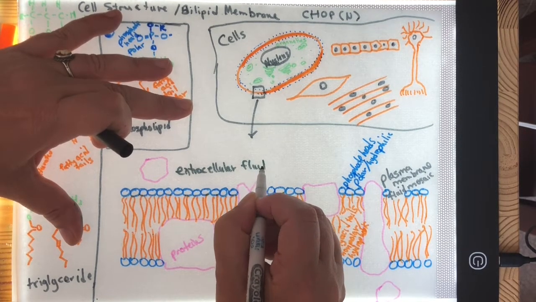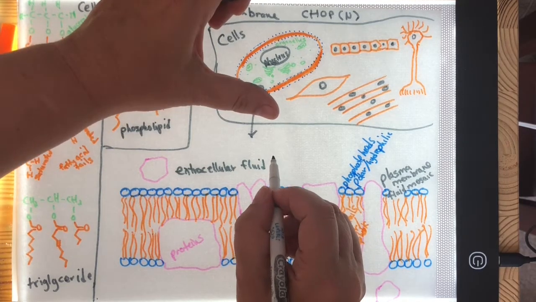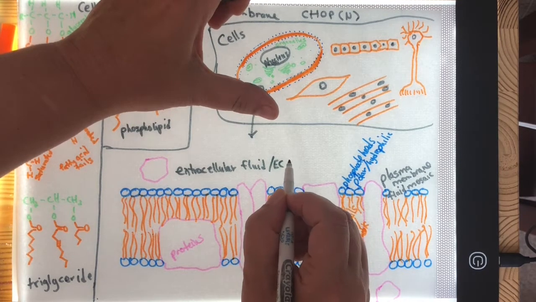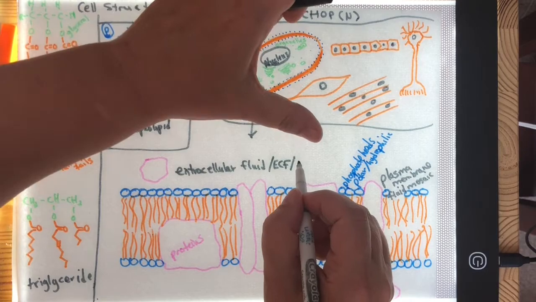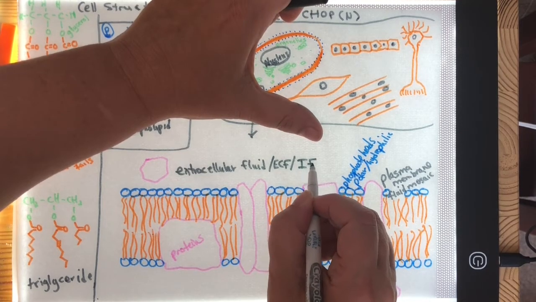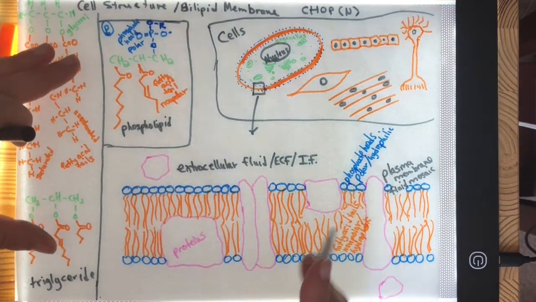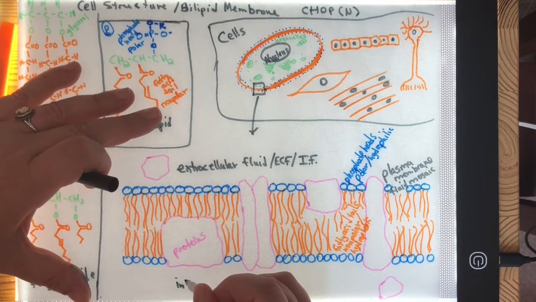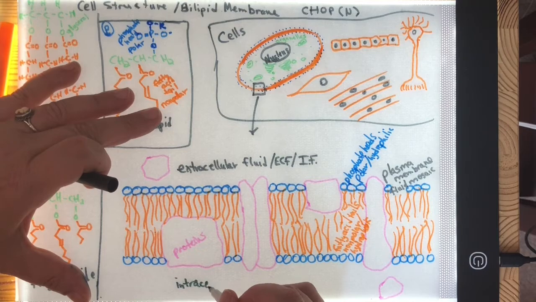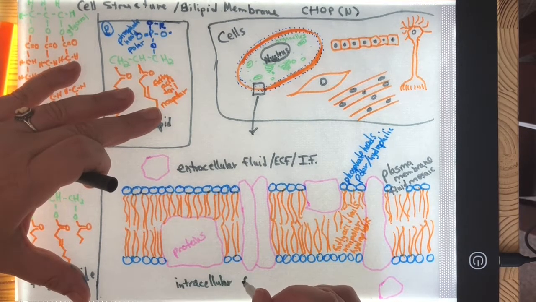Now, traditionally, when we draw a membrane side to side like this, the outside of the cell is up above, and so we call this the extracellular fluid, abbreviated as ECF, but most commonly called IF, or interstitial fluid, the fluids that circulate around the tissues of your body.